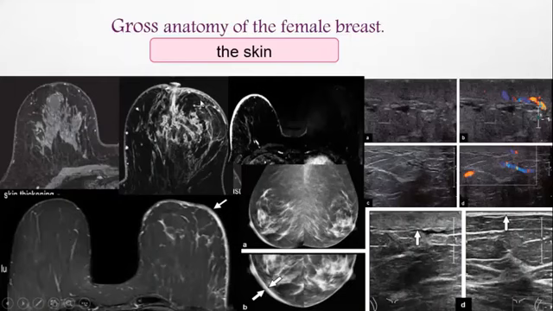Normal skin, thickened skin. This one, the skin is not even well visualized. The other one is enhancing and thickened, definitely an abnormal skin. And in this case here, compared to the contralateral breast, the skin on mammography is thickened around the areolar and medial aspect.